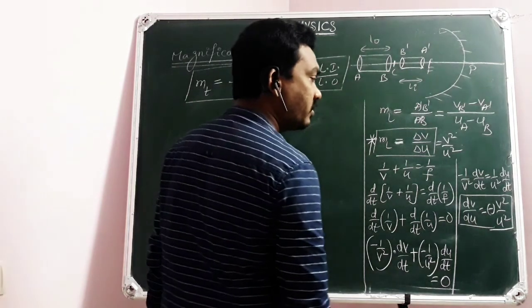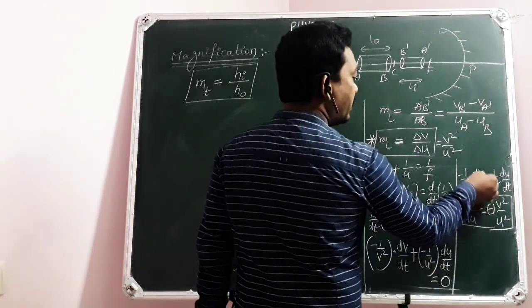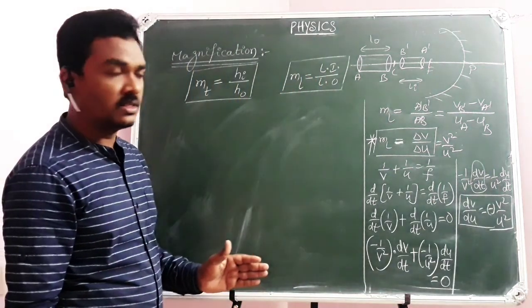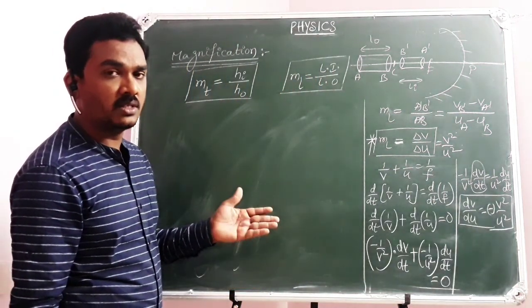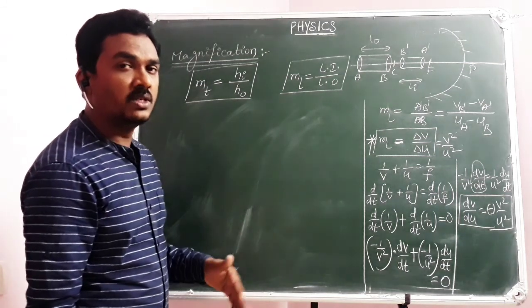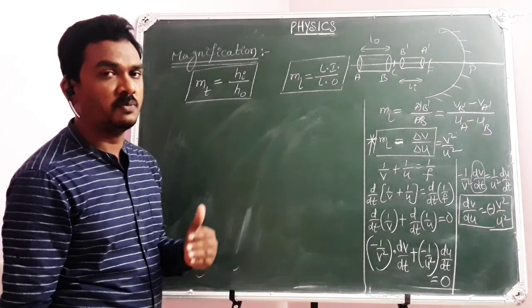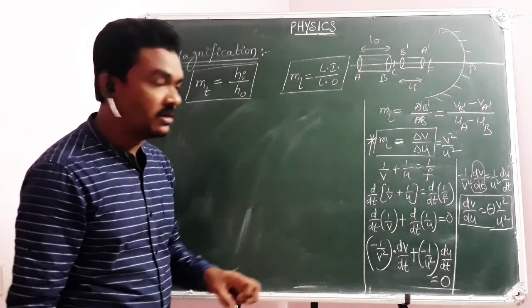So one thing you need to understand: v is image distance, so dv/dt is the rate of change of image distance with respect to time, which is image speed. Because the rate of distance with respect to time is called speed.